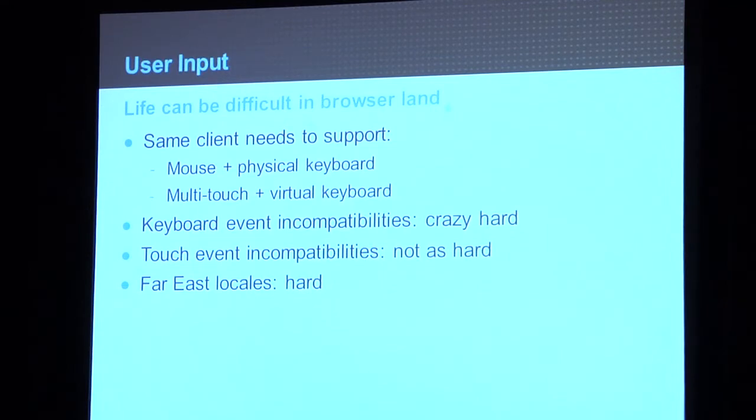Far East locales, as I said, can be very difficult to implement, especially because of all this keyboard trouble. Verify that the product that you're looking at supports the platforms that you want to use. Don't just assume that because it's browser-based, it just works everywhere. You need to check.